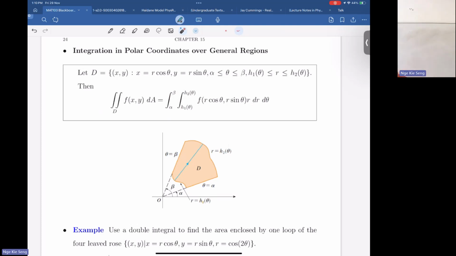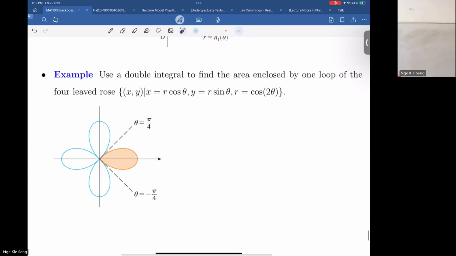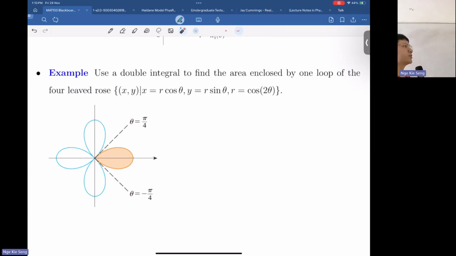Okay, so let's try another example. Let's use a double integral to find the area enclosed by one loop of the four-leaf rose. In principle, a double integral computes a volume, but here they ask you to compute an area.